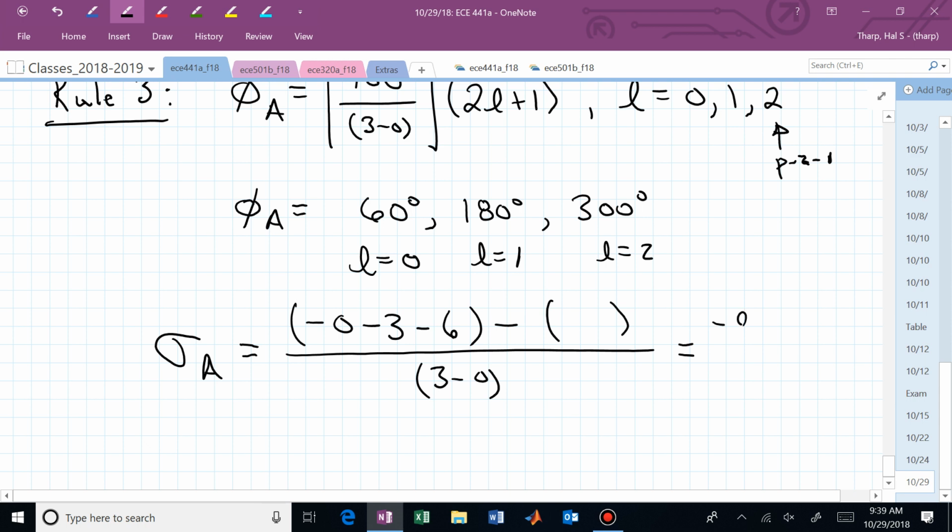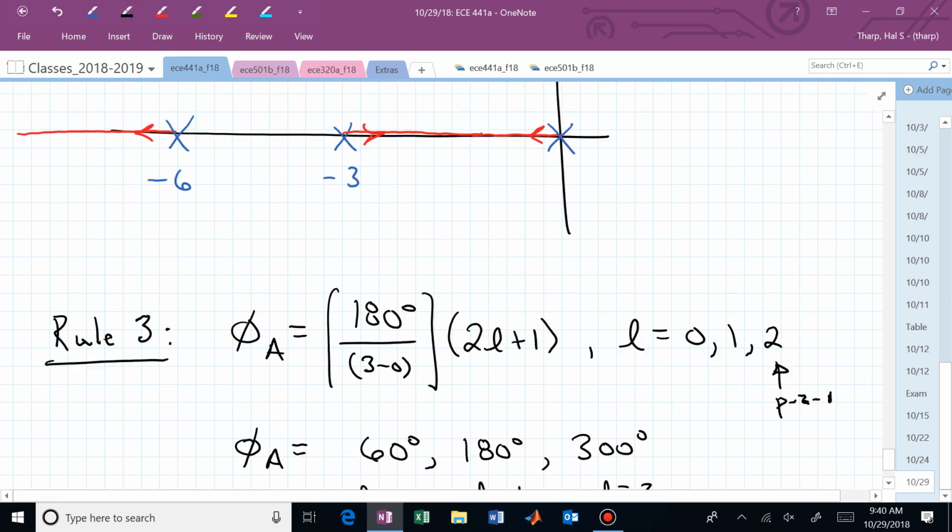We now have minus 9 divided by 3, or minus 3. That's actually at one of our poles, but that's a coincidence. That's not always going to happen. That's just because in this example, I picked them to be very symmetric, 0, minus 3, and minus 6, and the root locus is actually a fairly symmetric diagram.